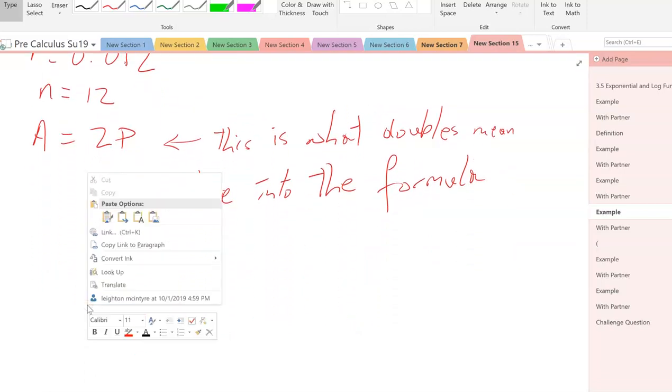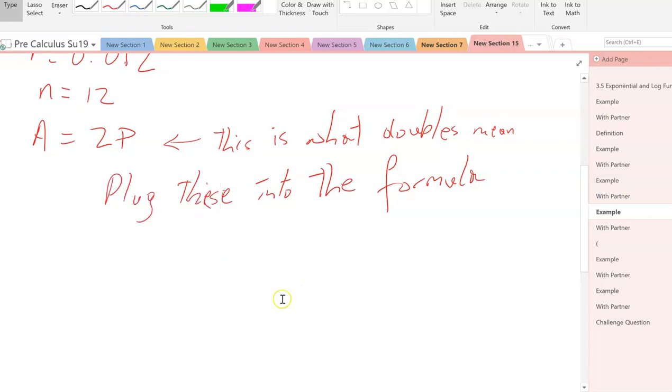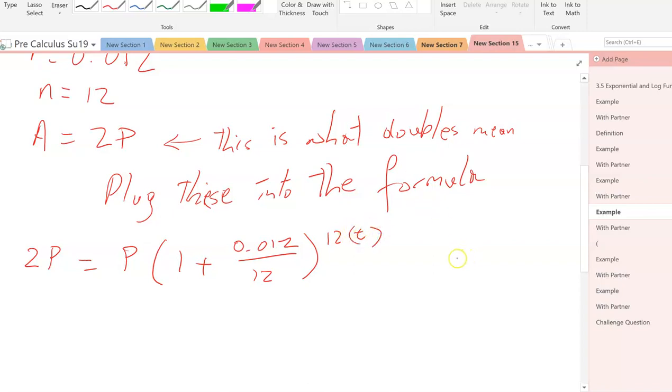So instead of A, we will write 2P equals P times 1 plus r, which we know is 0.012, over n, which we know is 12, raised to the 12 times t. So our objective here is to try to find t.